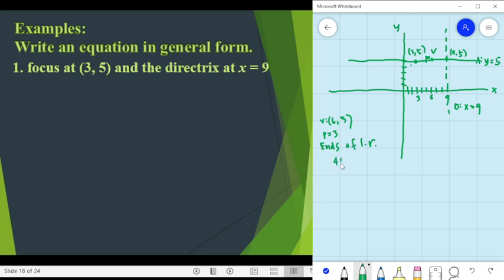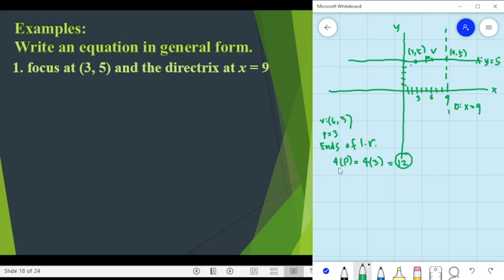So 4 times P is equal to 4 times 3, and this will give us 12. So that means above and below the focus, since the length of your latus rectum is 12 units.